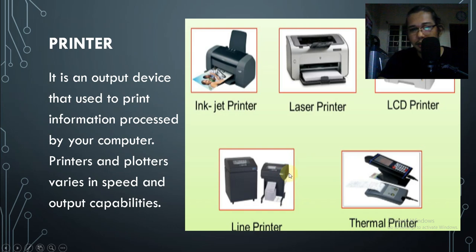Pag nag-ano kayo dito, yung tag dito sa mga botohan niya, makakita kayo na line printer. Sa NASA and sa weather, meron kayo dito kasi yung pag-detect ng earth, ng movement ng mundo, o yung parang earthquake detector nila, gumagamit sila nito. Okay, and the thermal printer.